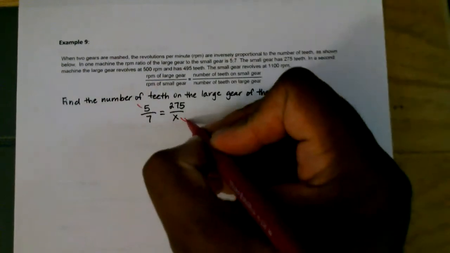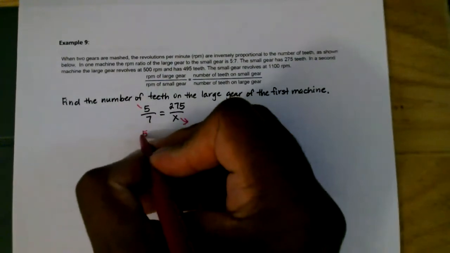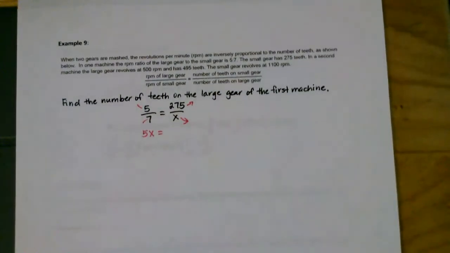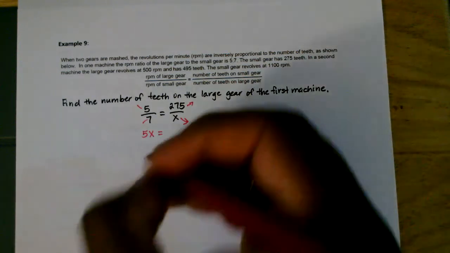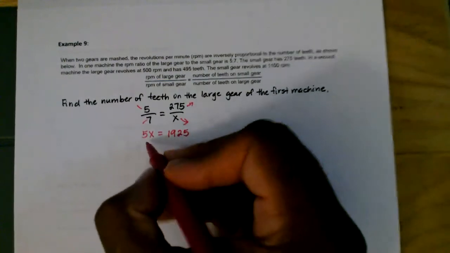5 over 7 equals 275 over X. And now we do cross multiplication. 5 times x, that's 5x, equal to 7 times 275. 7 times 275 would be 1,925. So 5x is equal to 1,925.